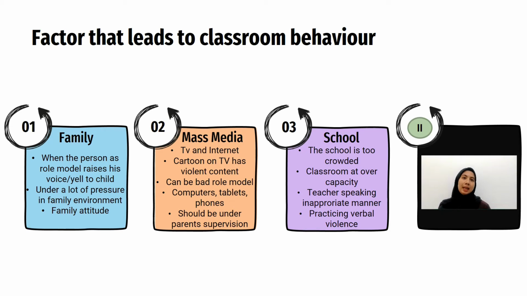Lastly, the factor that leads to classroom behavior is school related factors. Physical and cultural features of the school can also cause the child to acquire negative problem behaviors. For instance, we can see if the school is too crowded, classrooms are at overcapacity, physical features are inadequate, and such.